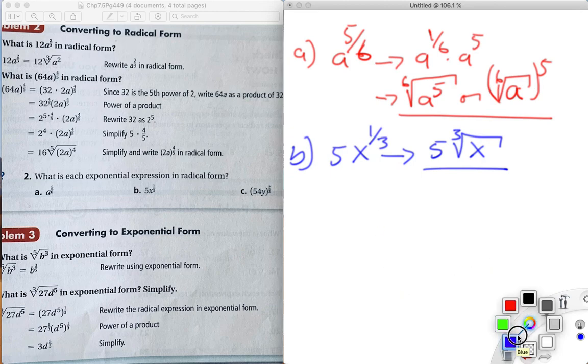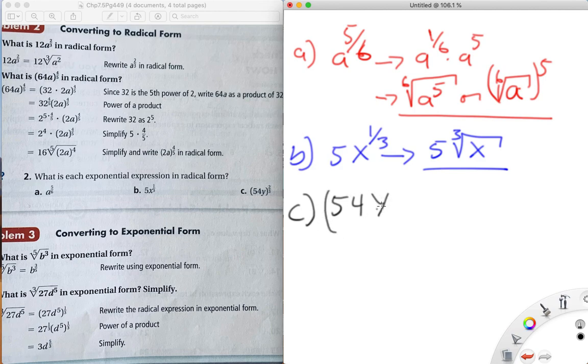Okay, C is a little tricky. We have 54y, and this is in parentheses, to the 2/3. There isn't a perfect cube root for 54.